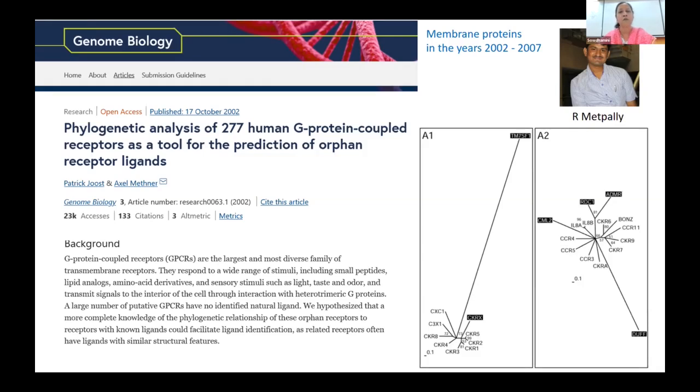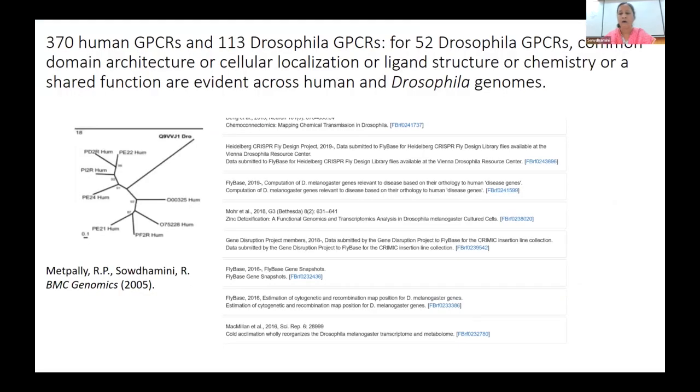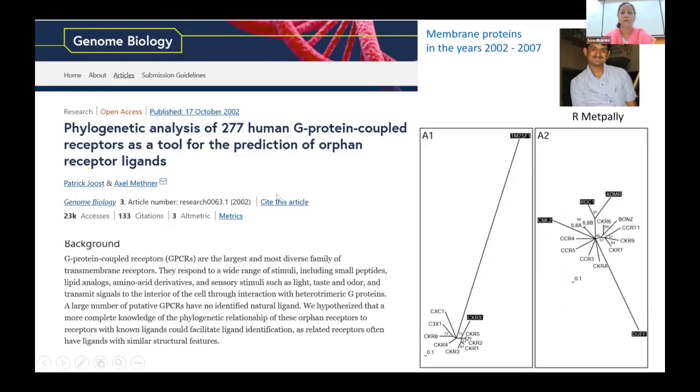Within the human genome, this paper had described the way by which, using simple phylogenetic algorithms, one can infer functions of orphan GPCRs just because of the co-clustering of known GPCRs, meaning GPCRs with known ligands, with respect to those which are orphans. And this is like a guilt by association.